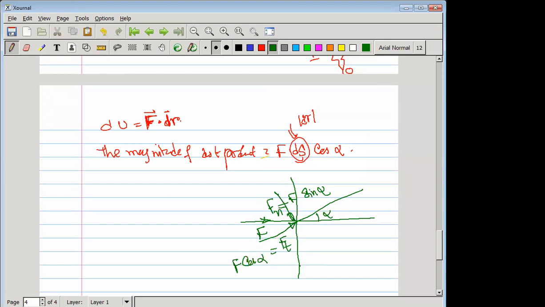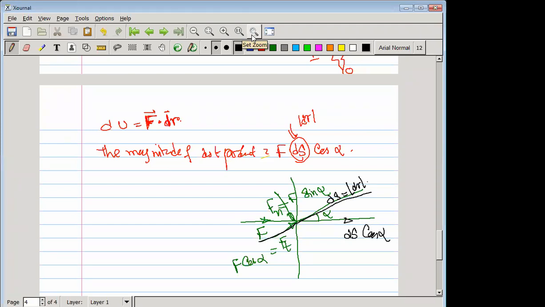Along this path, the displacement amount, the magnitude ds, is the determinant of that vector. So this one is also ds cos alpha. This is the enlarged view.